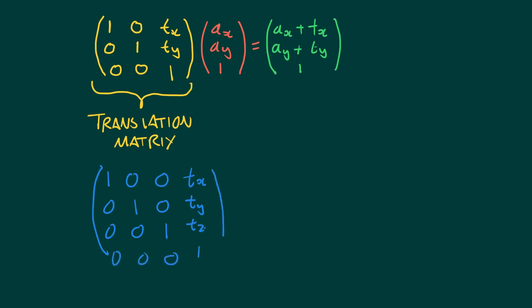So that's our translation matrix in 3D, which will be multiplied by 3D coordinates ax, ay, and az. And it's quite easy to remember: it's just the identity matrix with the fourth column values being our values from the vector t.